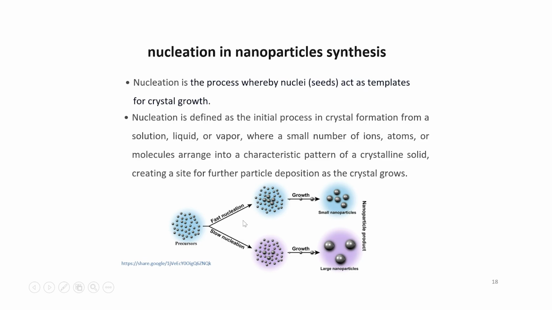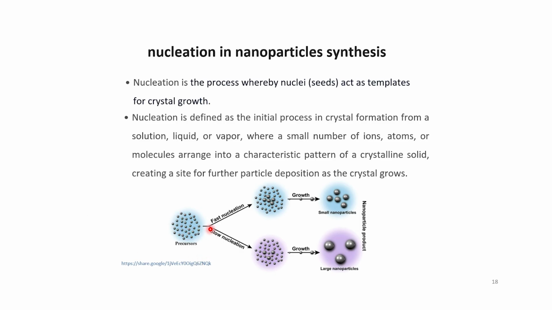So it's like the initial process in a crystal formation, where a small number of ions, atoms or molecules arrange into some characteristic pattern, and then on top of this pattern, it acts as a site, like on top of this pattern further particle deposition starts happening. So it's like a seed. At first the seed is formed and then on top of it particles start depositing, and it forms a fully grown crystal.